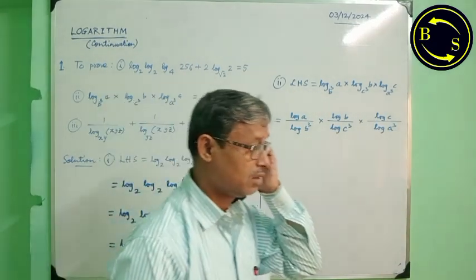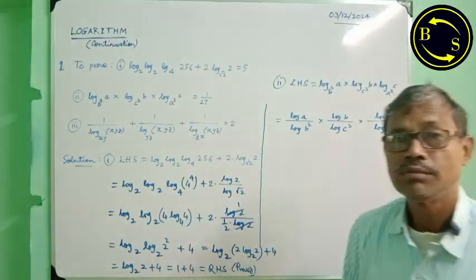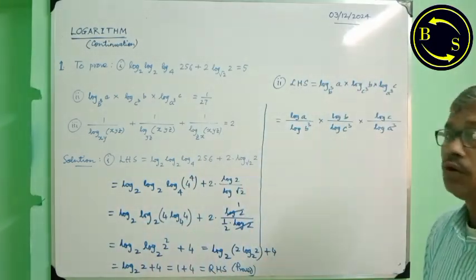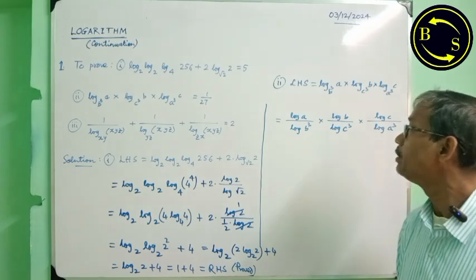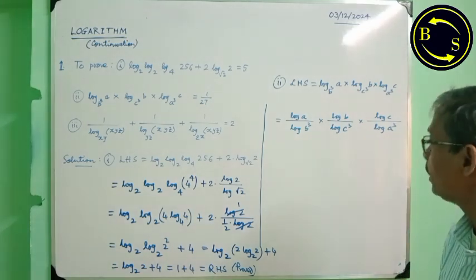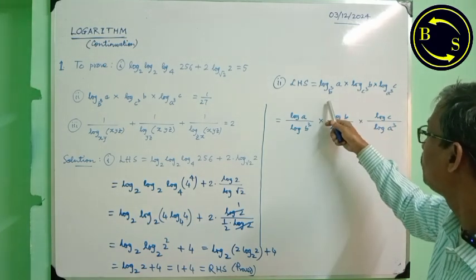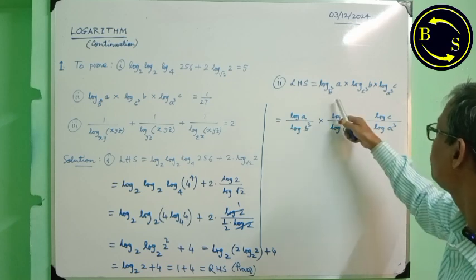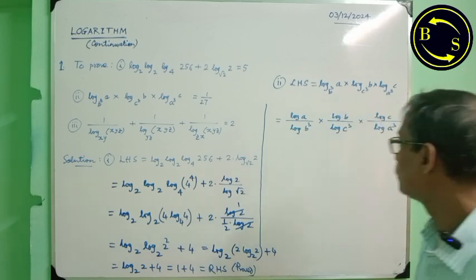I have already discussed the base changing formula: log of a to the base b will be equal to log a by log b. According to that formula, we have expressed each of these terms like this.